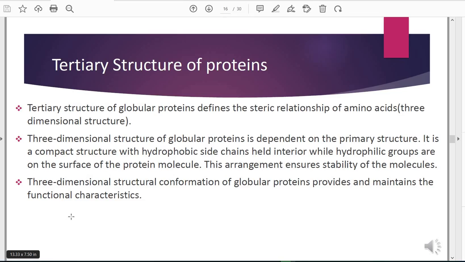Three-dimensional structure conformation of the globular protein, it provide and maintain the functional characteristic of the protein.